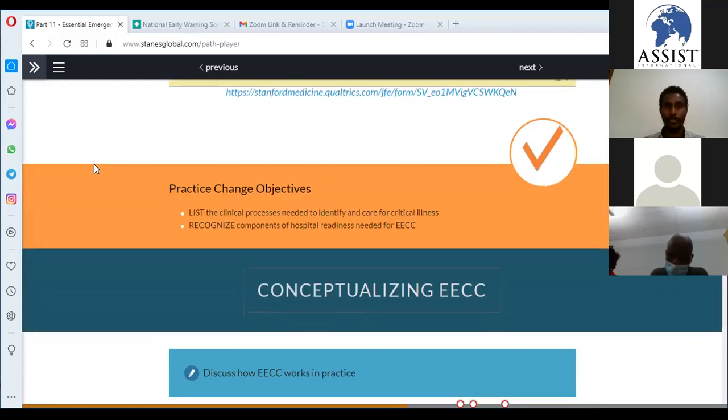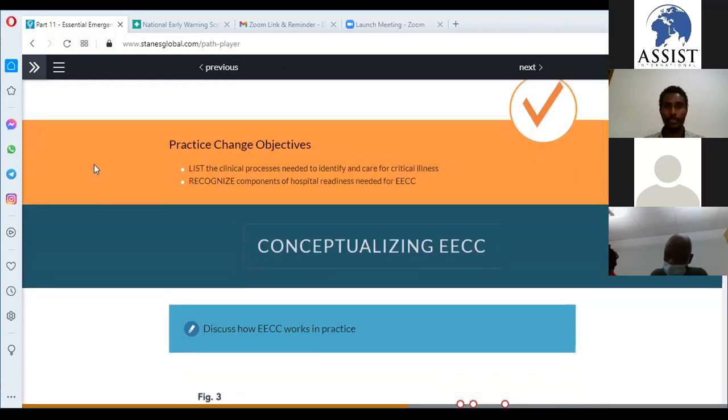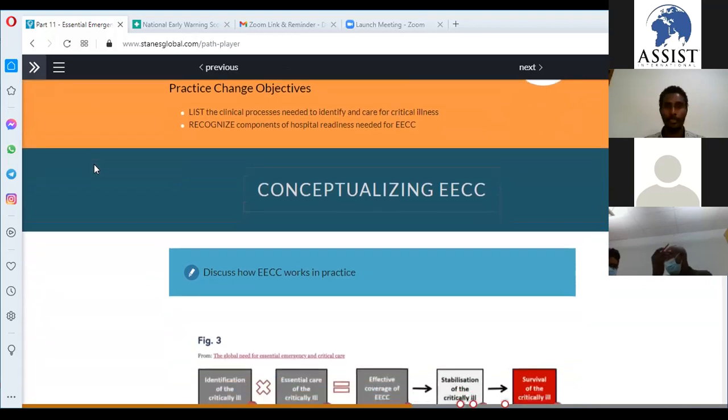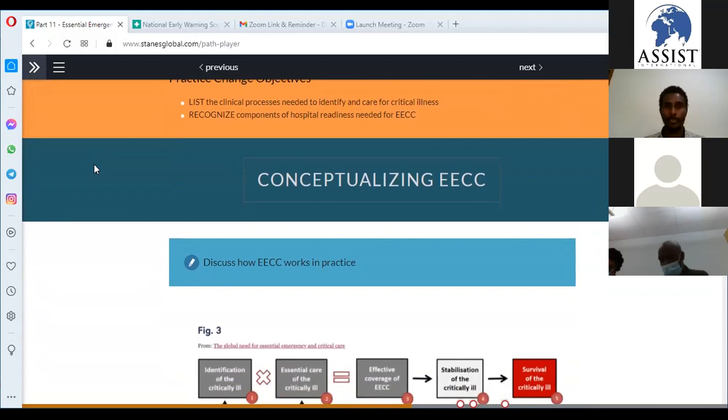So in the next session, how we actually implement essential emergency critical care in our setup. How can we put it into practice?